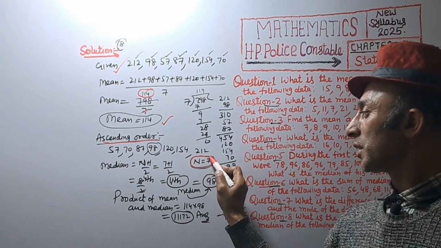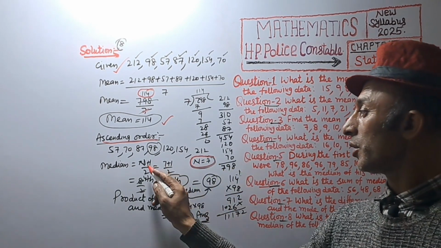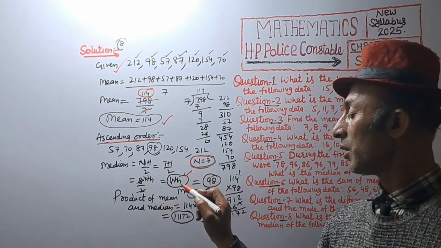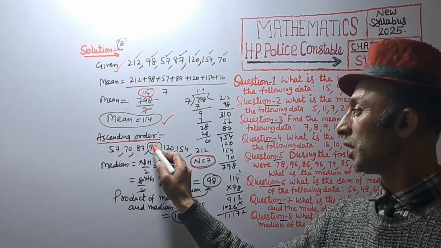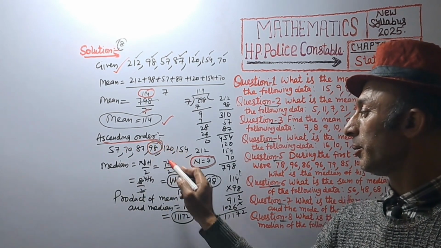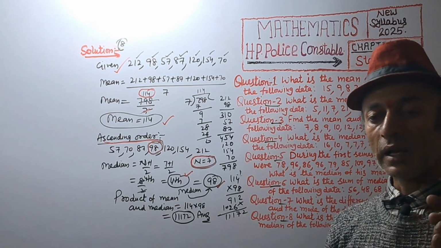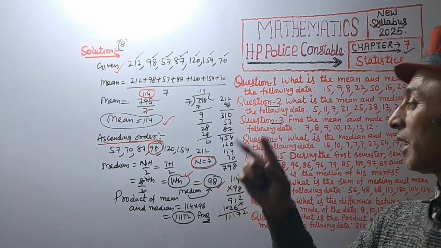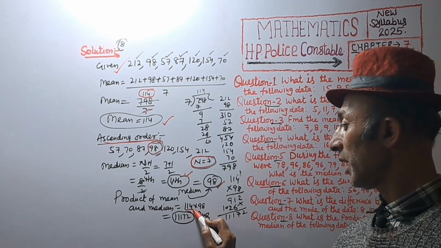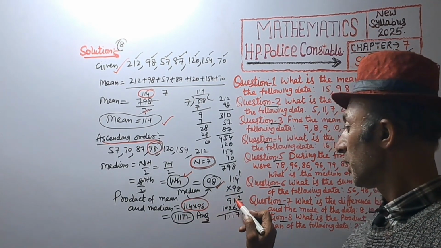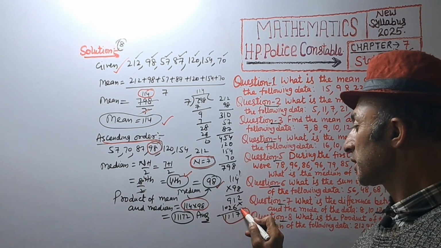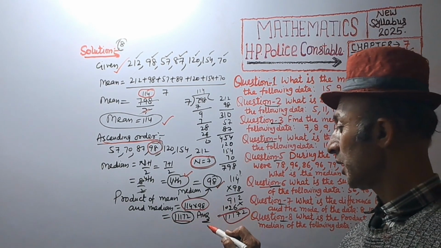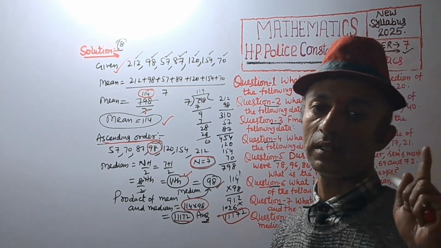Number is equal to 7, which is odd. So median equal to 7 plus 1 upon 2 is 8 upon 2, which is the fourth term, that is 1, 2, 3, 4, equal to 98. Median equal to 98. And according to the question, the product of mean and median, that is 114 and 98, we get 11,172. So their product is 11,172. Answer. Thank you so much.